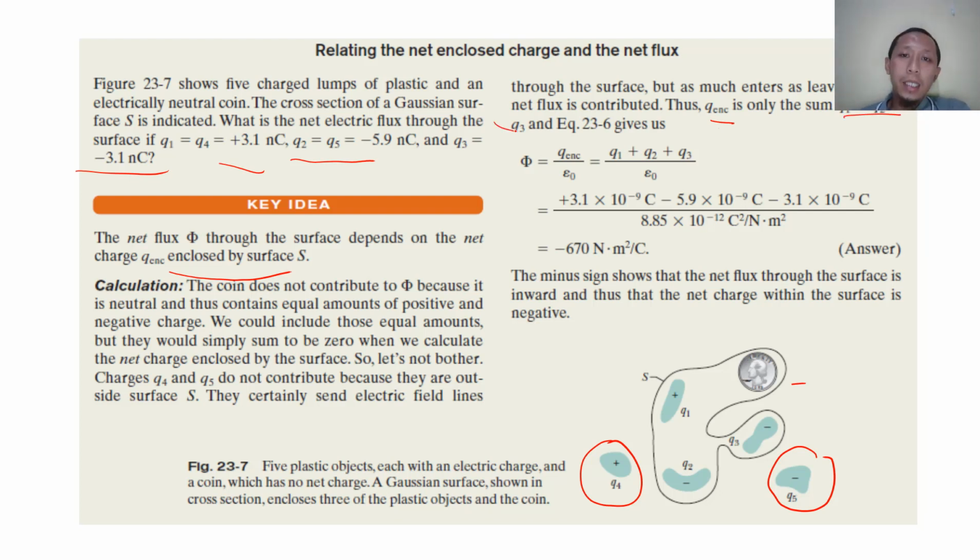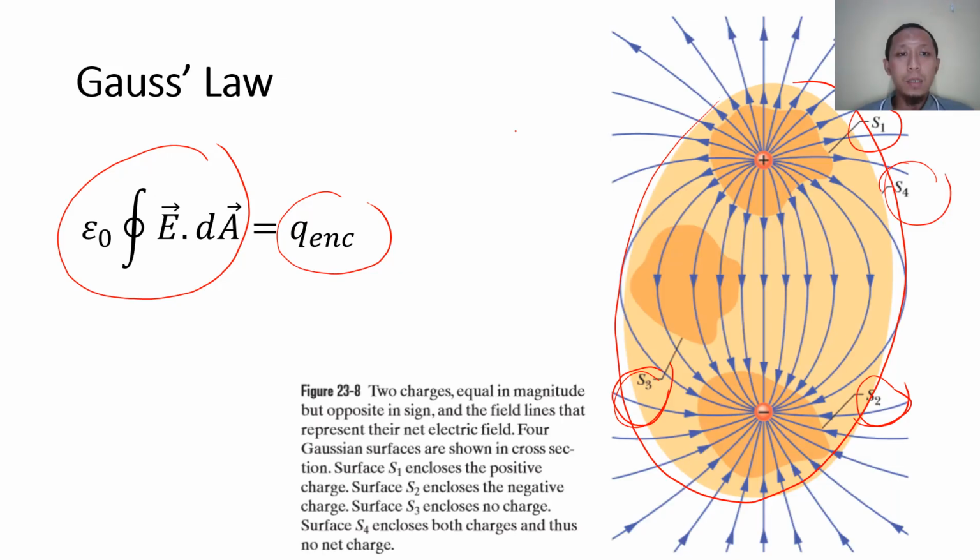So we go back to this one: q enclosed is epsilon zero dot flux.